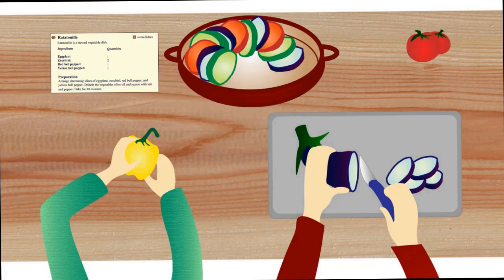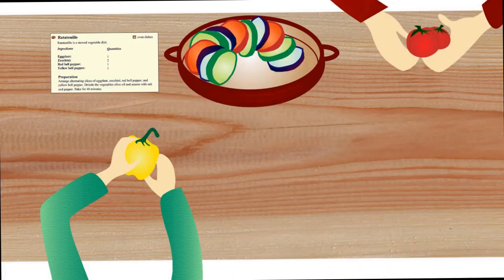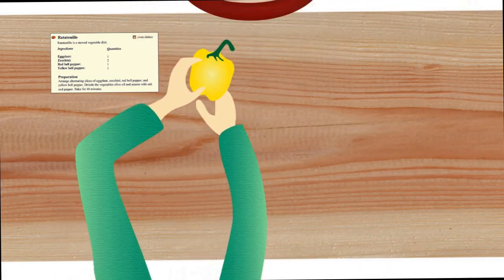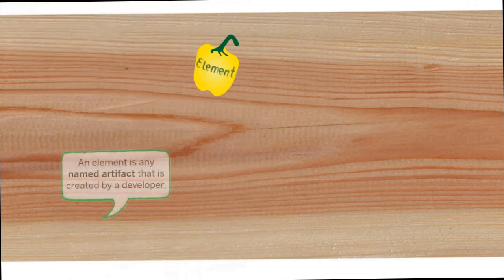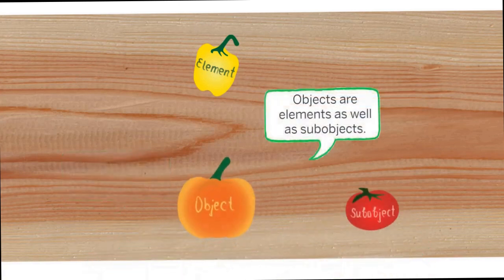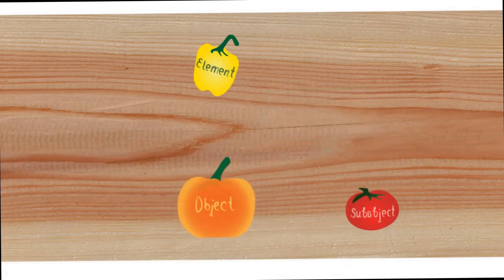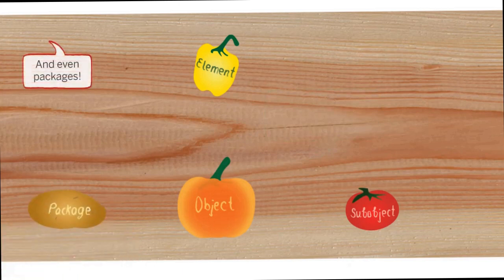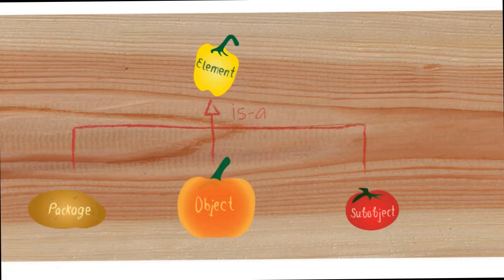To explain it in detail, let's put all the vegetables aside. Let's take this as a capsicum. This is an object, and an object is an element. The object may contain sub-objects, and even the sub-objects might contain further sub-objects.